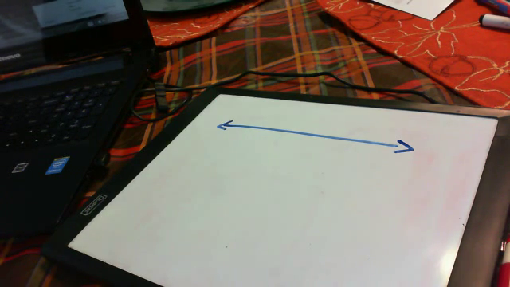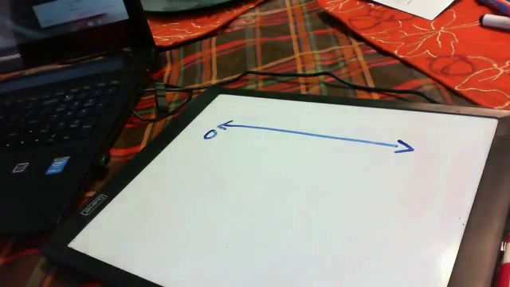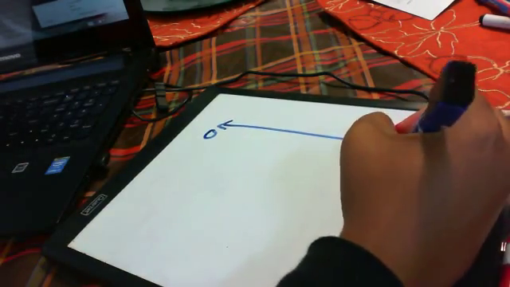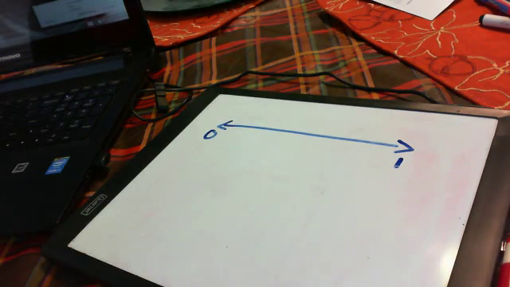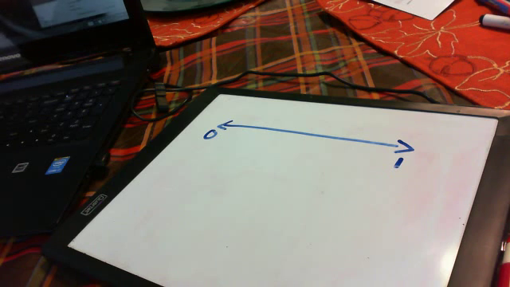So for our first example, I'm just going to start with a 0 and a 1. Now we know that there are numbers smaller than zero, and we know that there are numbers that are larger than 1. And in our third example, we'll get to those, but for this one, we're just going to stay between 0 and 1.